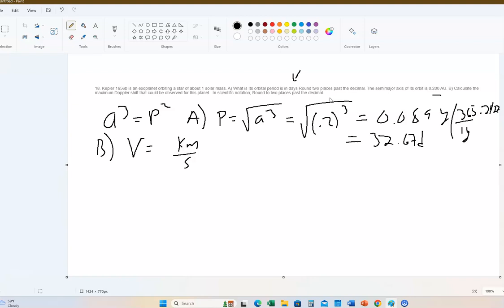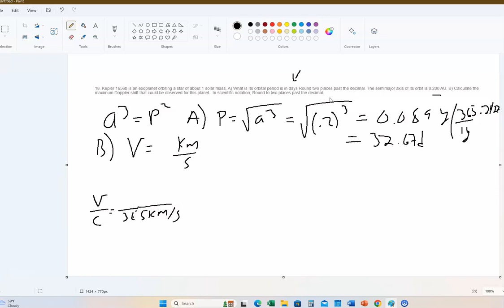It's going to be the velocity divided by the speed of light in kilometers per second. So whatever our velocity is, this is going to equal 3 times 10 to the fifth kilometers per second, because that's the speed of light in kilometers per second.